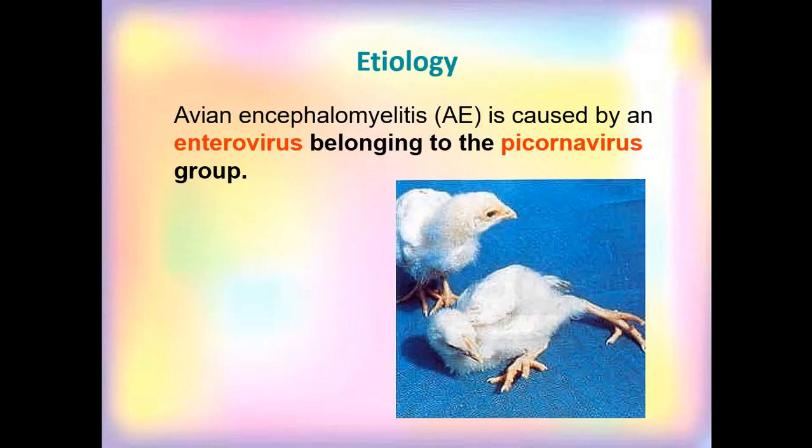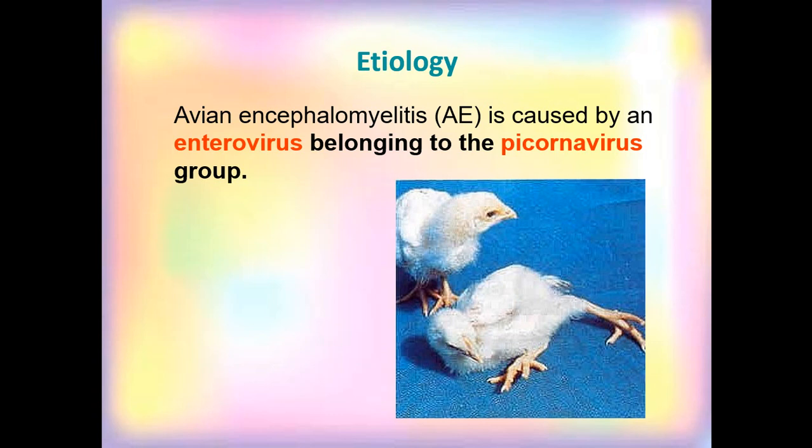Right. So, avian encephalomyelitis. Encephalo means brain. The word myelo means marrow. In this case, the marrow means the spinal cord.